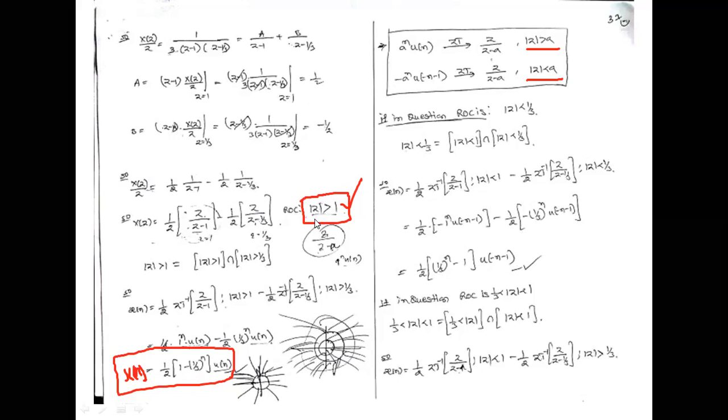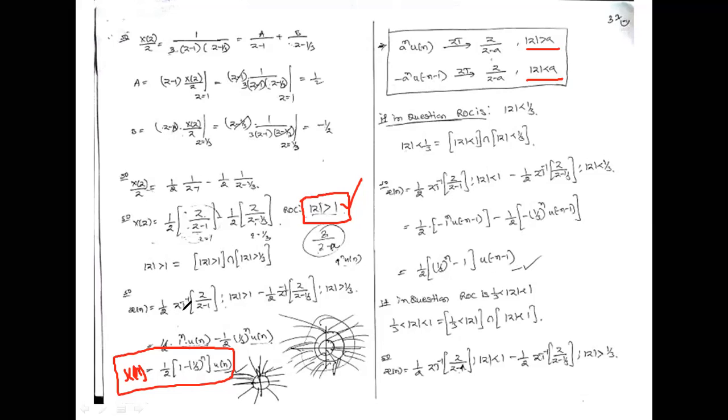For the ROC, given z greater than 1, use this function: a power n mu of n is z by z minus a for the region greater than the a value, and minus a power n mu of minus n minus 1 for less than a, using the same function z by z minus a.